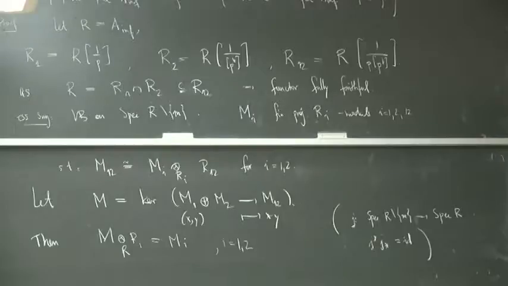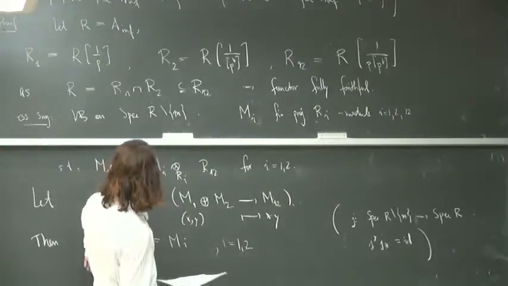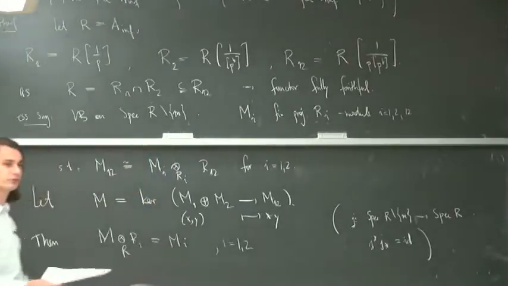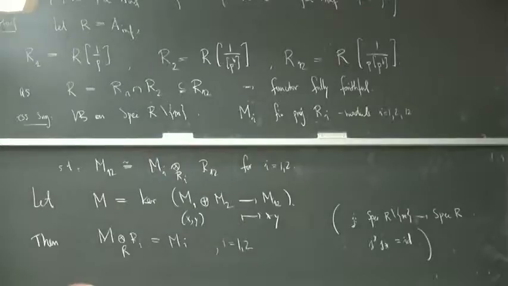Good. So the first thing we'd like to see is that M is not all too big. And so for this I would like to say that M is in some sense bounded inside of M1 and M2. And so for this I need to recall a little bit of topology.